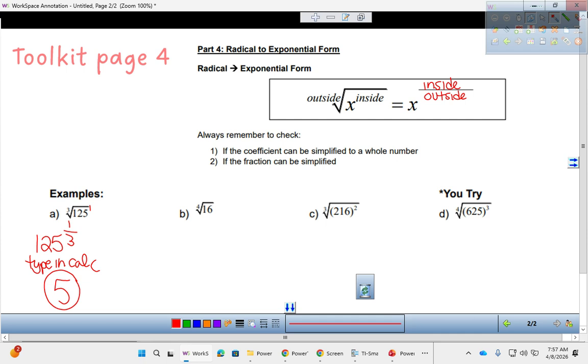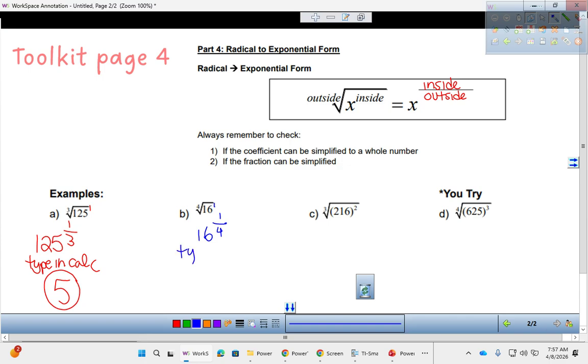All right, let's look at the second one. The fourth root of 16. Now, the inside, again, doesn't have an exponent, so I'm going to make an exponent. I need an inside exponent. So my base below that new exponent is a 16. And then my power is going to be the inside exponent over the outside number.